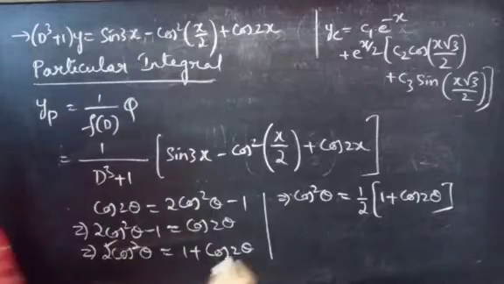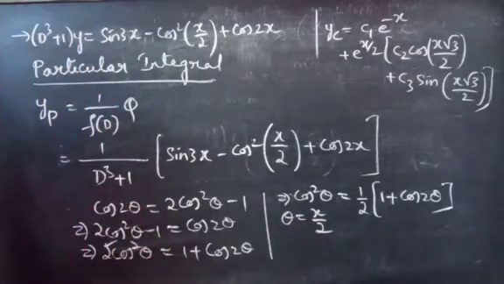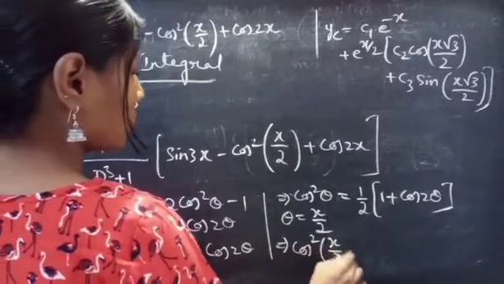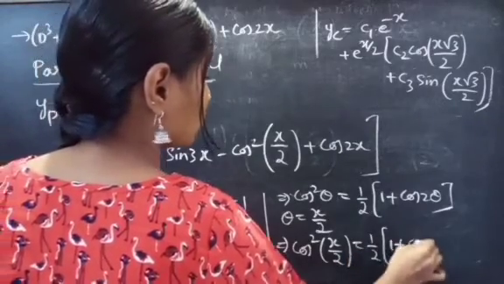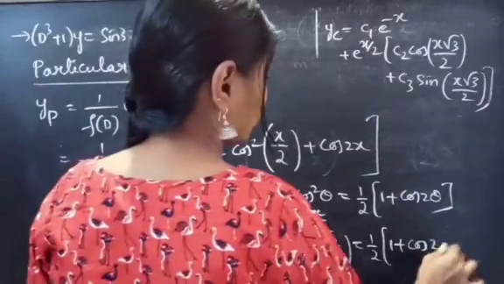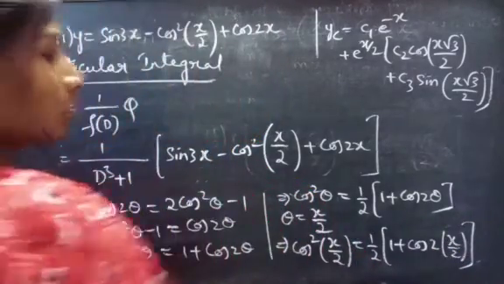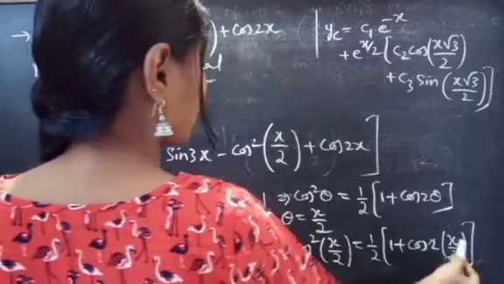Now replace theta by x by 2, then we'll get cos square x by 2 equals 1 by 2 into 1 plus cos 2 into x by 2, right? The 2 gets cancelled and you'll get 1 by 2 into 1 plus cos x.